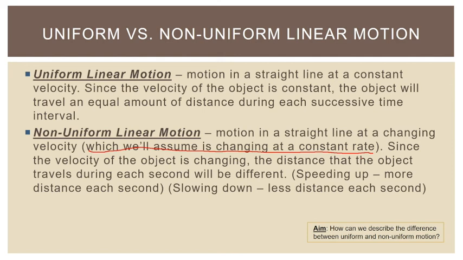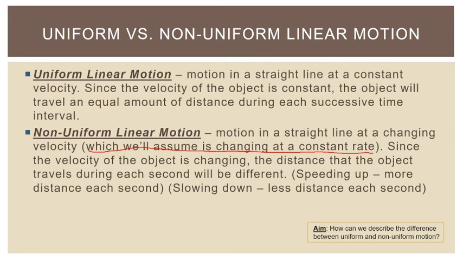And the reason why that's important is because if the velocity of an object is not changing at a constant rate, then we need calculus. The fact that it will be changing at a constant rate means we can simply use algebra.